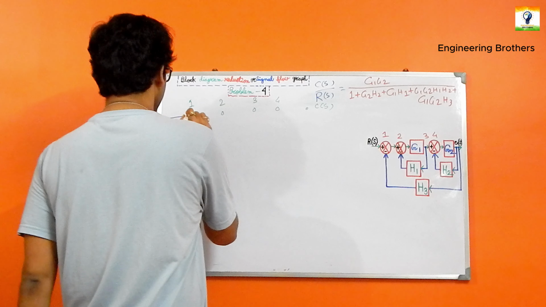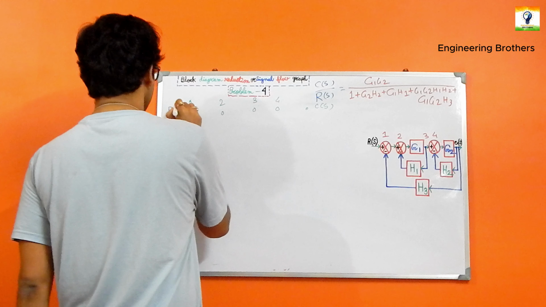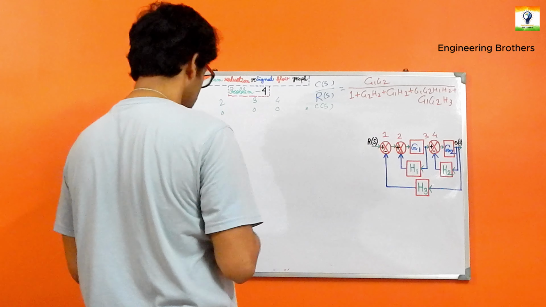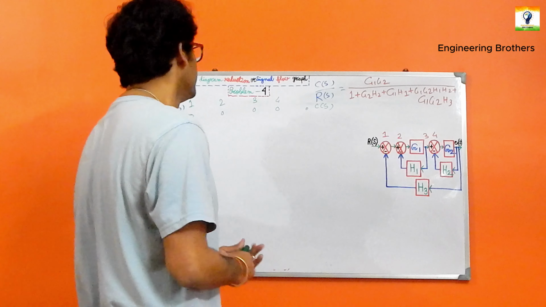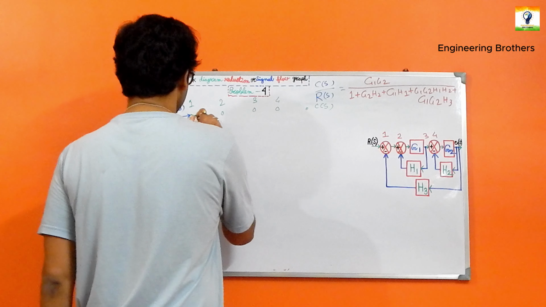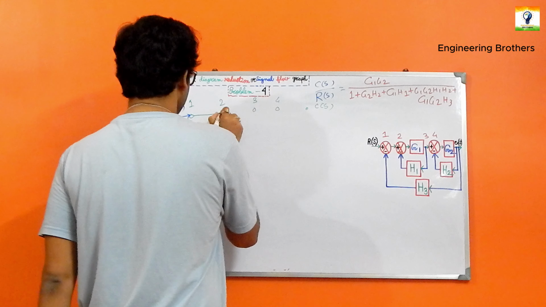This is going to be our R(s), the input for the considered part. In between 1 and 2, nothing is mentioned, which gives the gain for that particular path as 1.